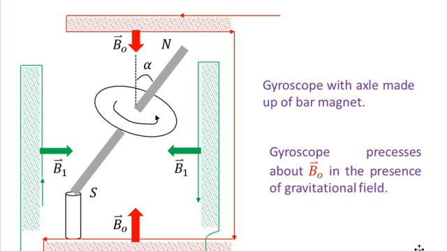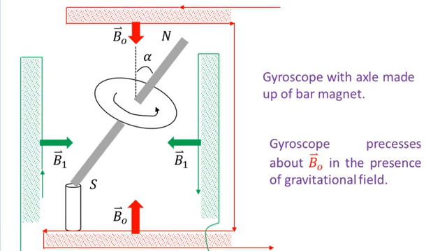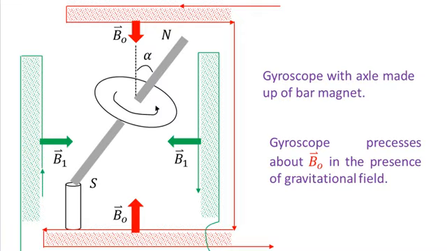One magnetic field is B naught, generated by an electromagnet, and the coils are shown at the top and also at the bottom in red color, and the magnetic field B naught is also shown in the form of red arrows pointing upward and downward.